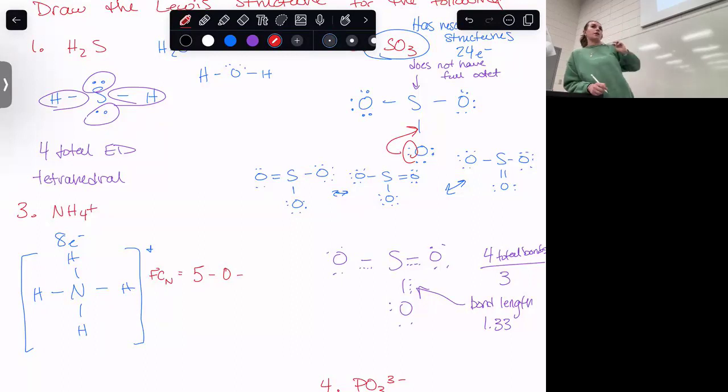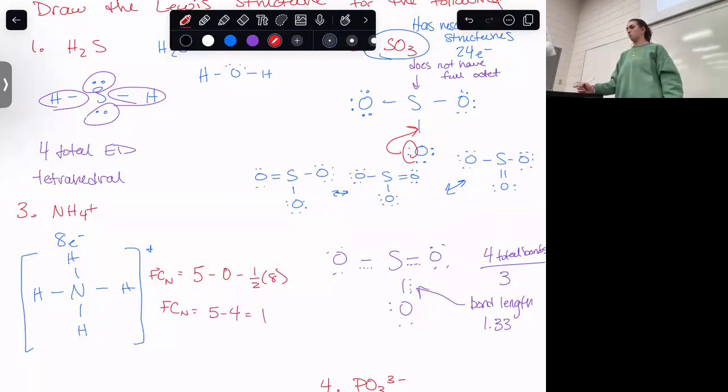It has 4, and how many electrons are in each of them? 2. So we have 8 total and we take half of that. So we have 1/2 of 8. So the formal charge of nitrogen is 5 minus 4, which is 1. Right, so nitrogen here has that +1 charge.